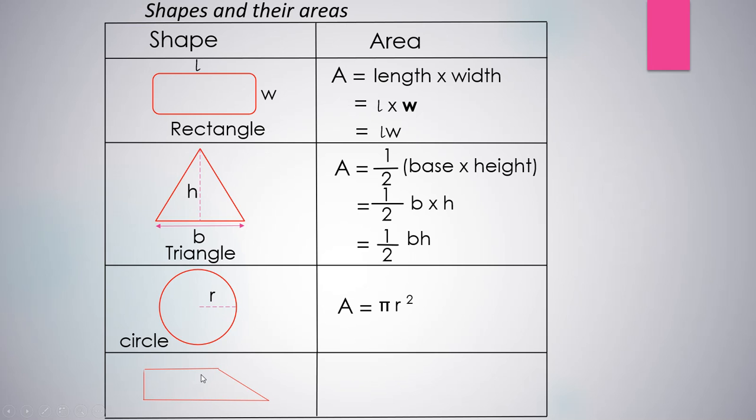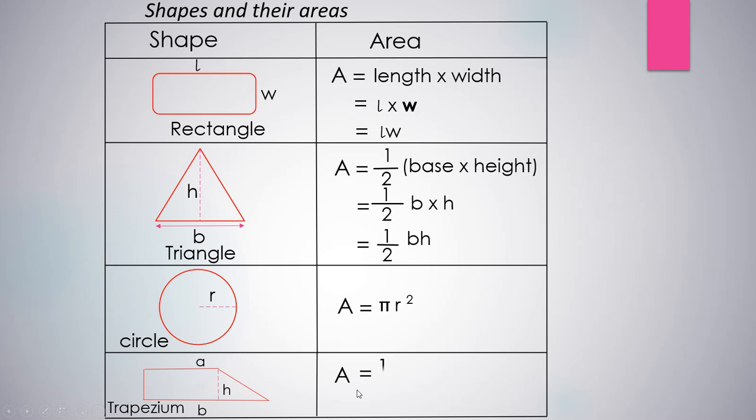Another shape we look at is a trapezium, with this length B, the upper length A, and the height H. What is the formula for its area?